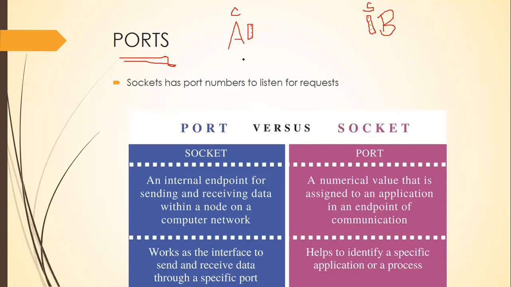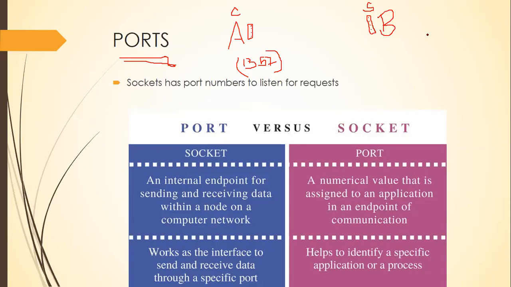Now let's say A has a port number. I'll go for a random number, 1357. The client is saying, I have a port 1357 through which I am planning to make a connection.